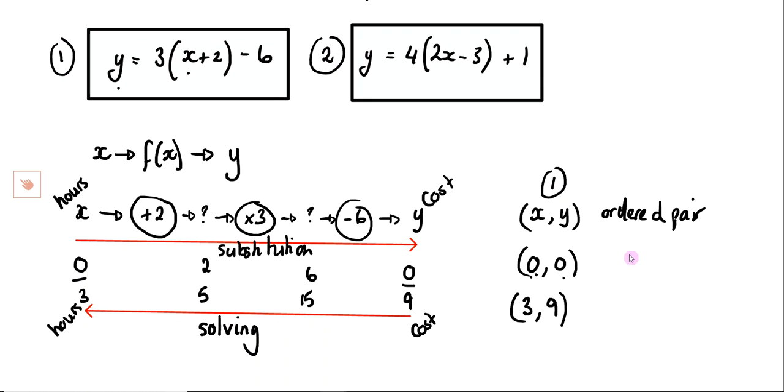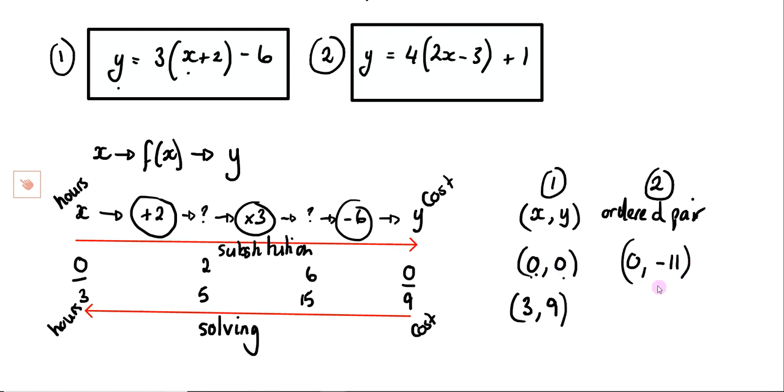So what if I put 0 into the second equation? What do I get out? 2 times 0 is 0. 0 minus 3 is... So the whole thing is negative 11, right?